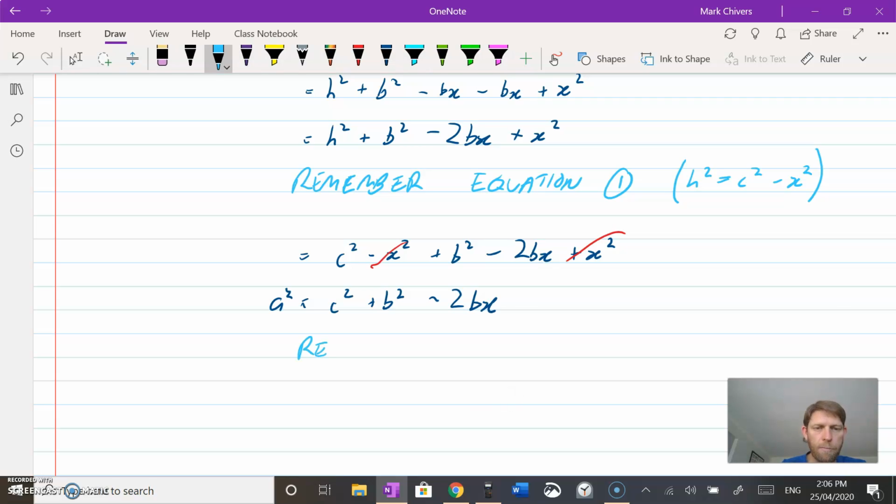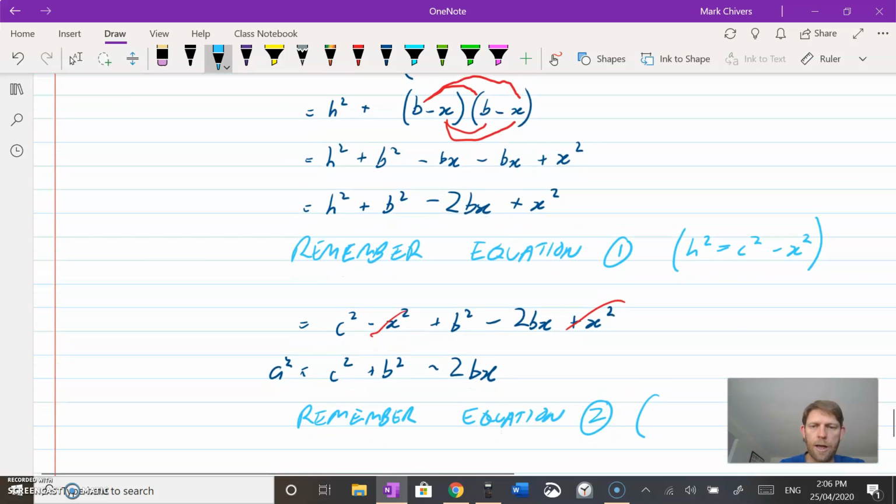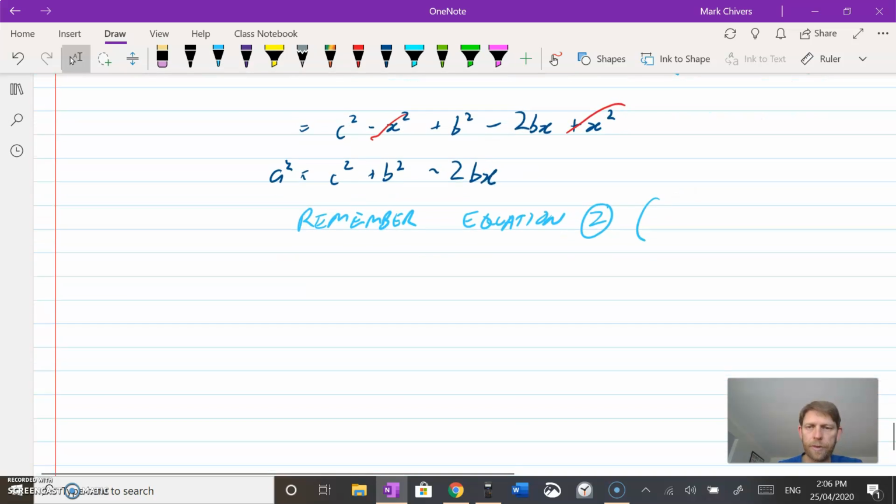Now, the next thing I have to remember is the other equation I created out of the other triangle. So remember equation 2. Well, what was equation 2? It said that x equals c cos a. So that means wherever we see an x in this particular equation, we can replace it with c cos a.